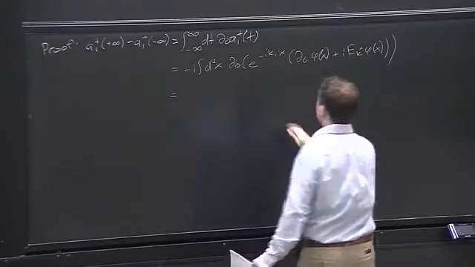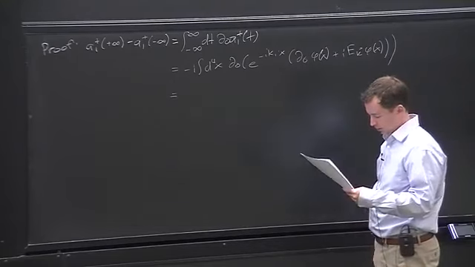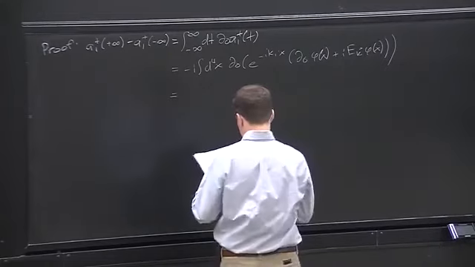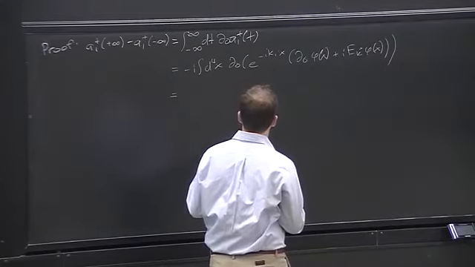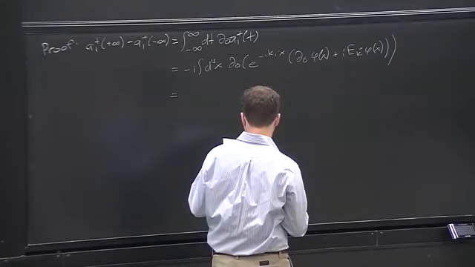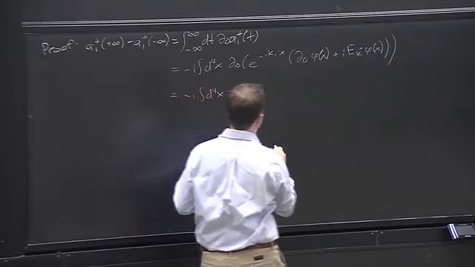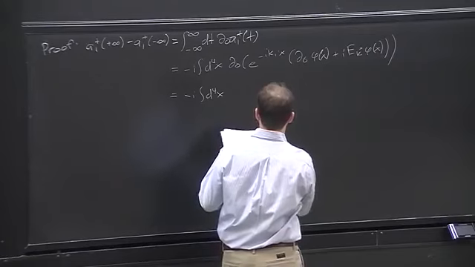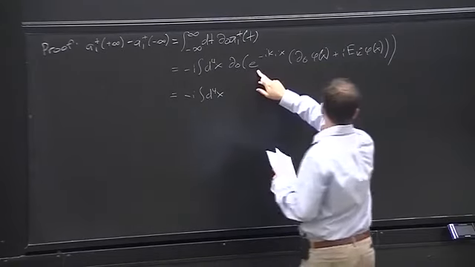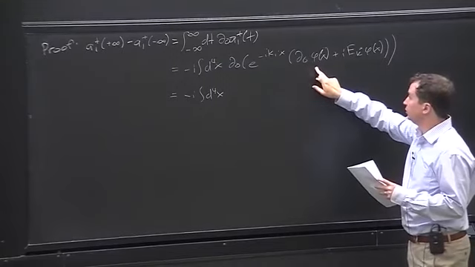So if we expand this out, this gives us 4 terms, or more. We get one term where this derivative acts on this e to the i kx, and it multiplies the derivative of the field.